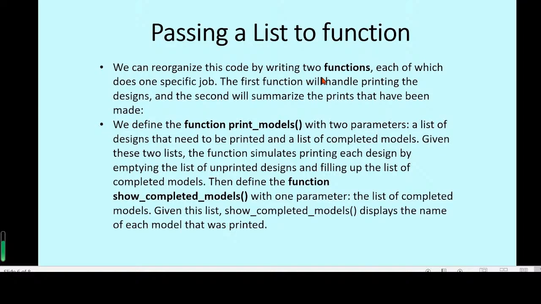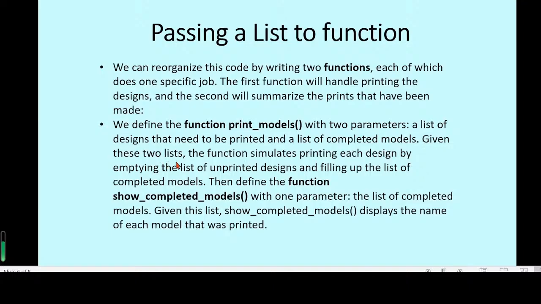So we can reorganize this code by writing 2 functions, each of which does one specific job. The first function will handle printing the designs, and the second will summarize the prints that have been made. So we define the function printModels with two parameters, a list of designs that need to be printed and a list of completed models.